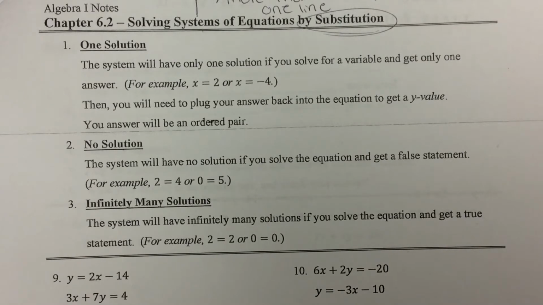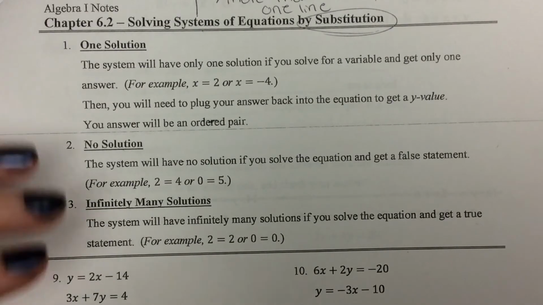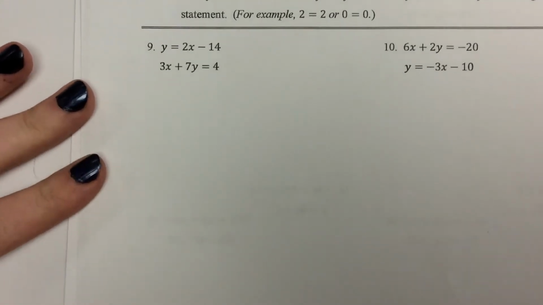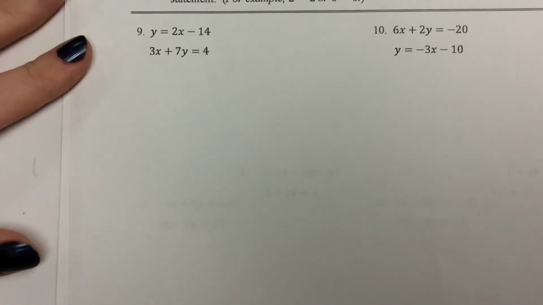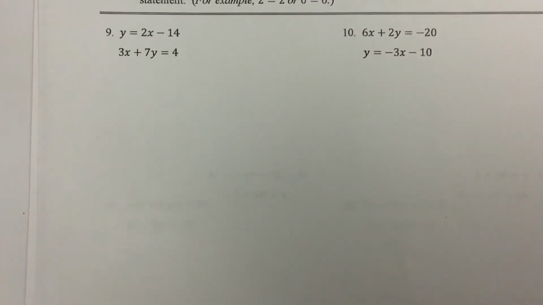So if you are solving and you get a true statement like 2 equals 2 or 0 equals 0, those are completely true. So that means that you will have infinitely many solutions. So let's look at a few examples. The best way to get this is to just jump right in. And just like with graphing, yeah, we have to check once we find our answer.